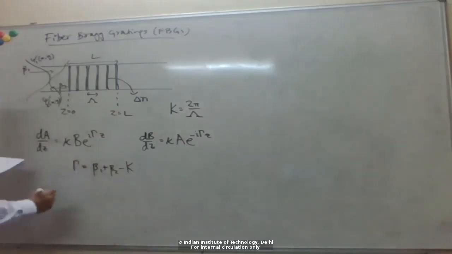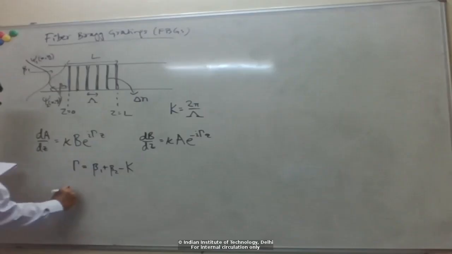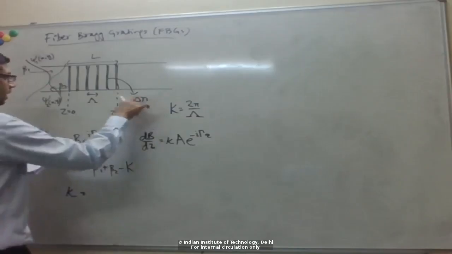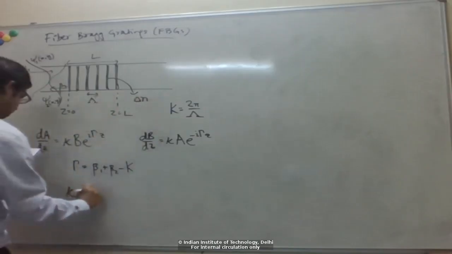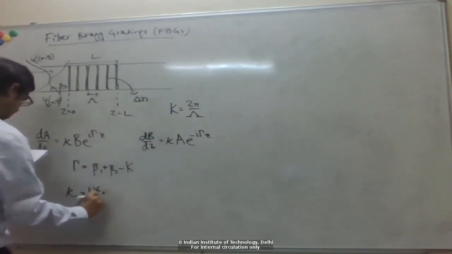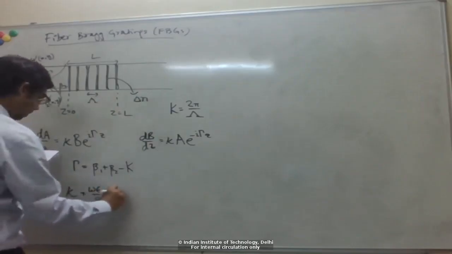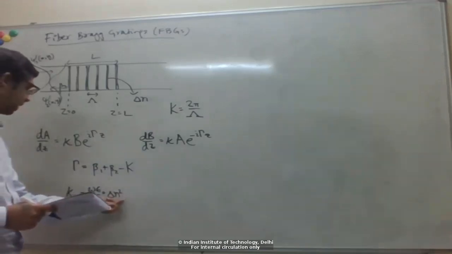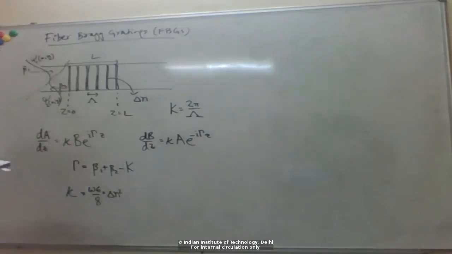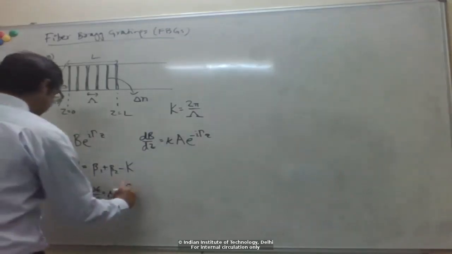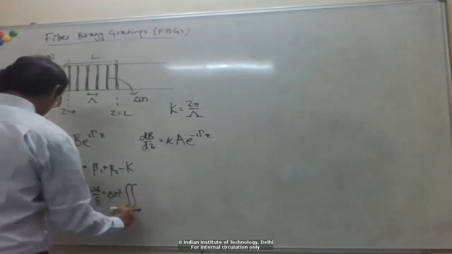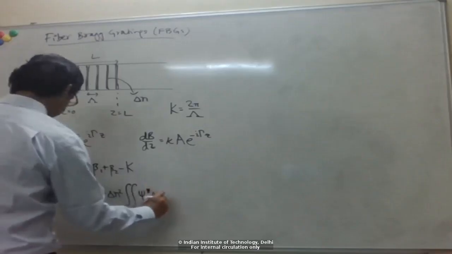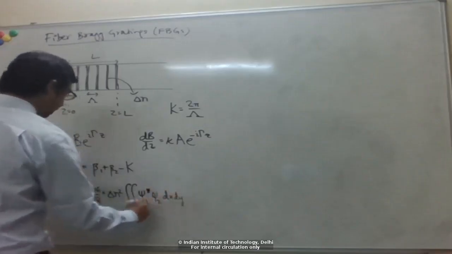And this coupling coefficient here, kappa, depends on the refractive index change, or more specifically the amount by which the dielectric constant changes, so delta n squared, times this overlap integral between the two mode profiles in the core region.